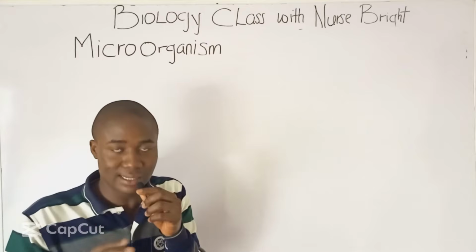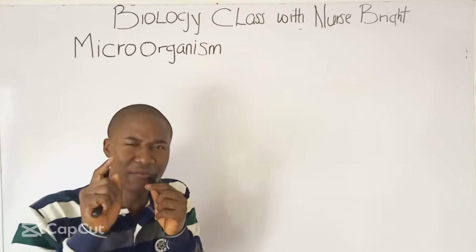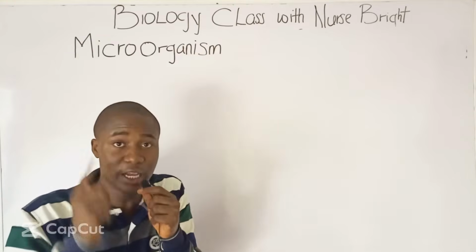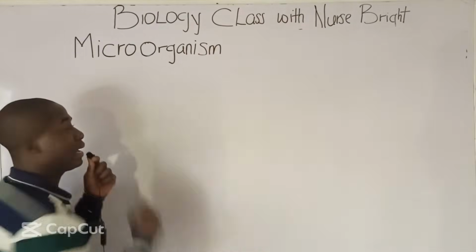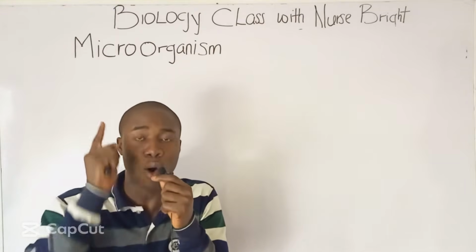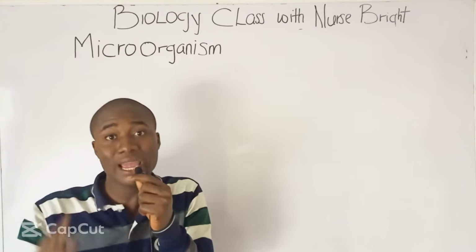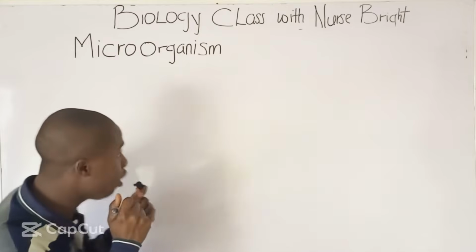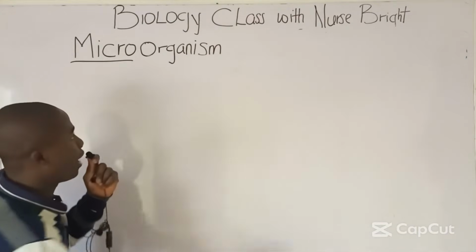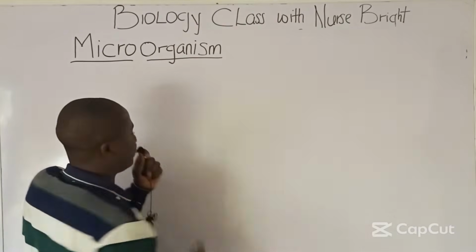In today's lesson, I'll be discussing a very important aspect of biology, and it is simply called microorganism. Now, it must be noted that the word microorganism is divided into two words. What are the words? The first of them is micro, while the other is organism.